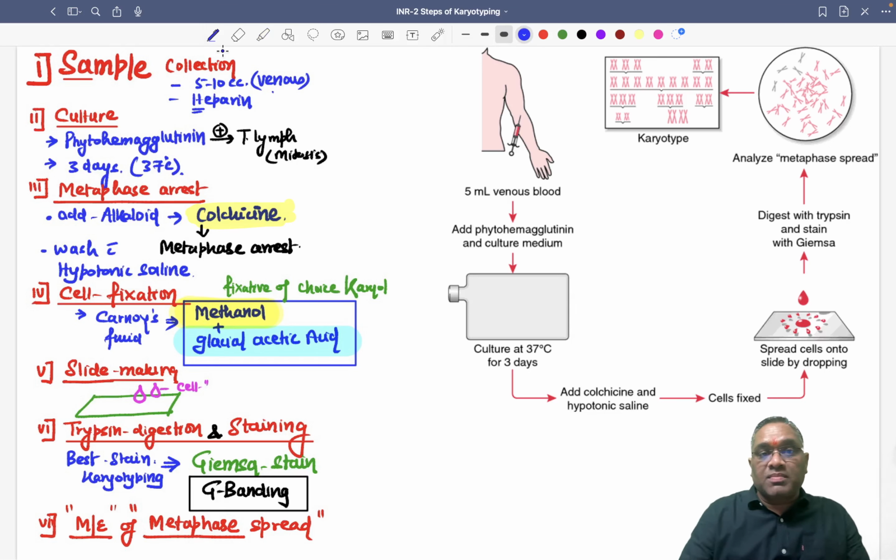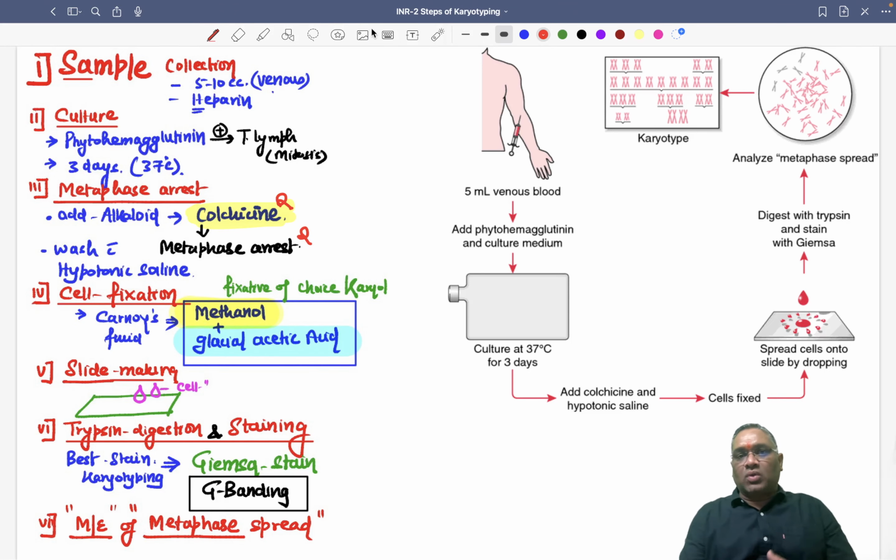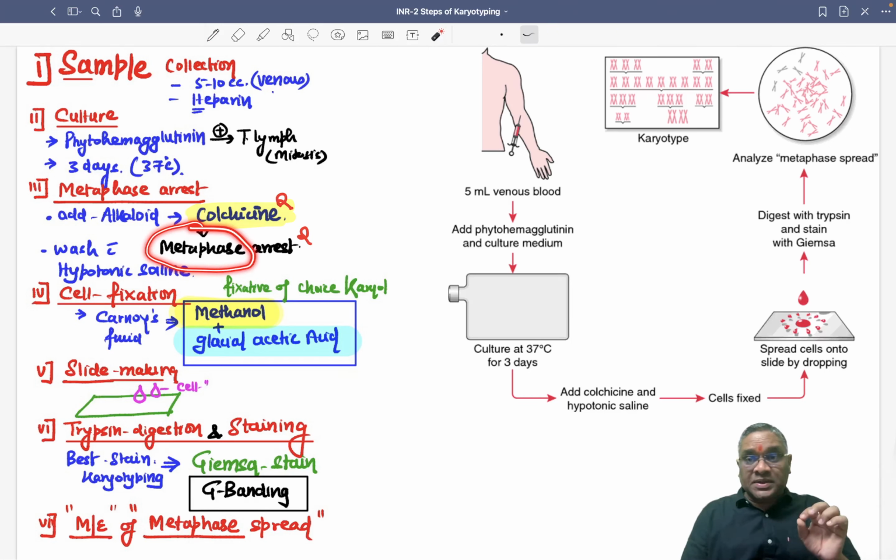This is a question which has been asked in the exam. Why metaphase only? Because this is the phase where chromosomes are most clearly and distinctly visible. So we add the alkaloid at the stage of metaphase arrest.